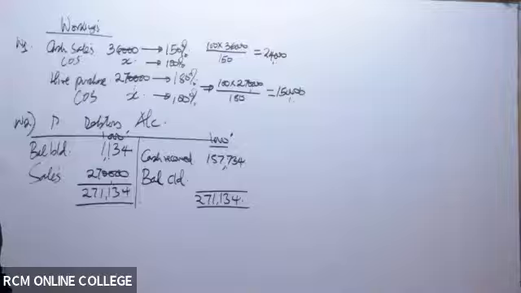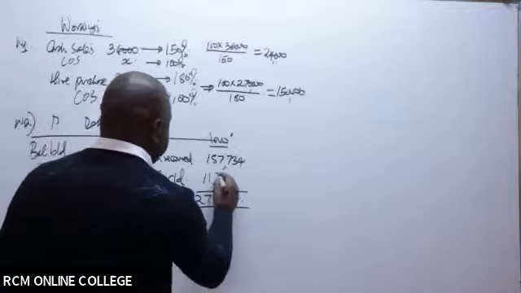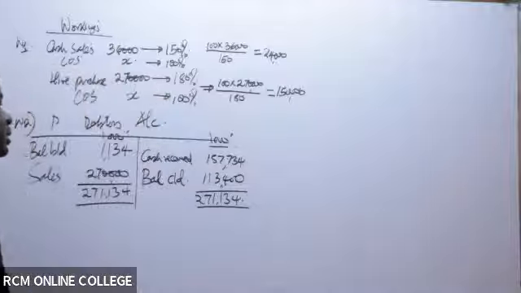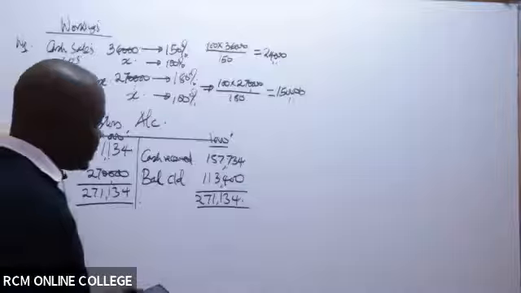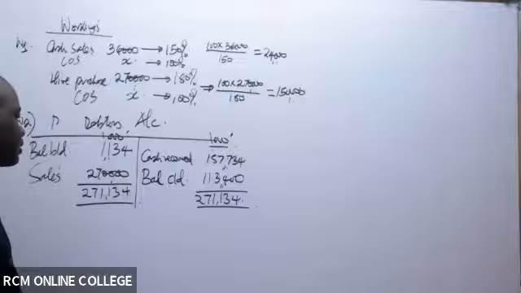I can see someone says 113,400. So that is the amount outstanding by the end of the year from the hire purchase customers.